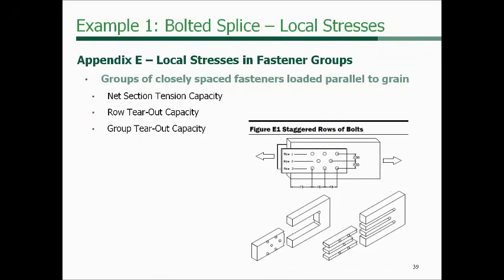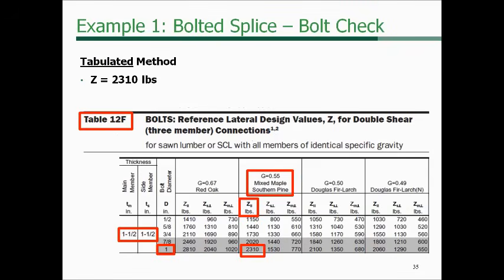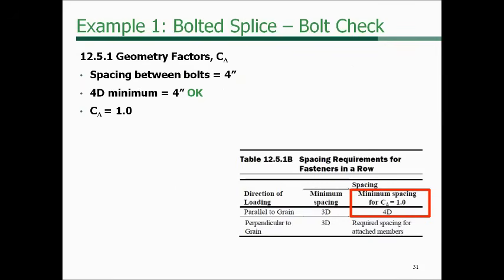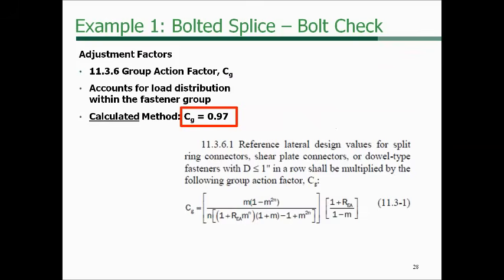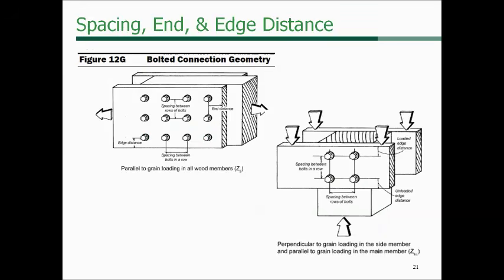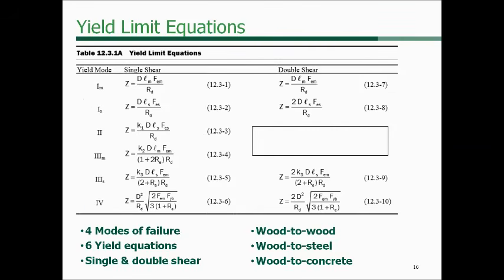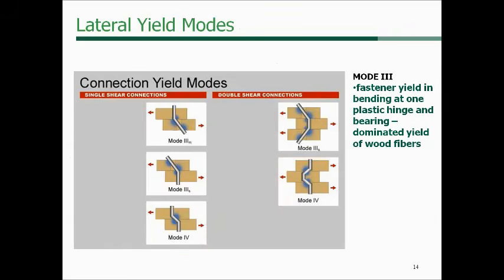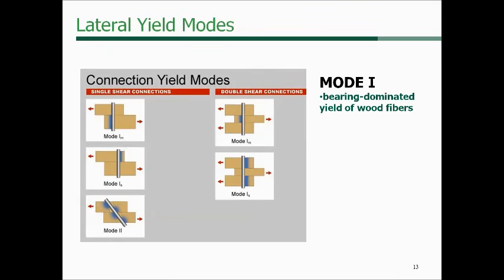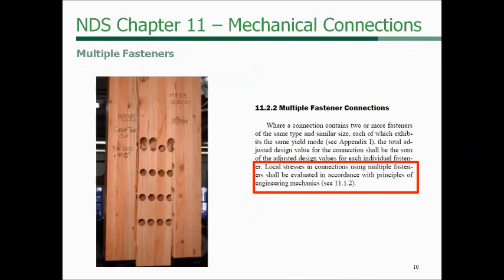I can't remember where that shows up in the slides. Look away from your screen. Sorry about the jumping around, but I think it's pretty close here. And it's in chapter 11 now. Right, and that used to be 10. Yeah, it used to be 10. So right there, 11.2.2 is where it says that local stresses using multiple fasteners shall be evaluated.